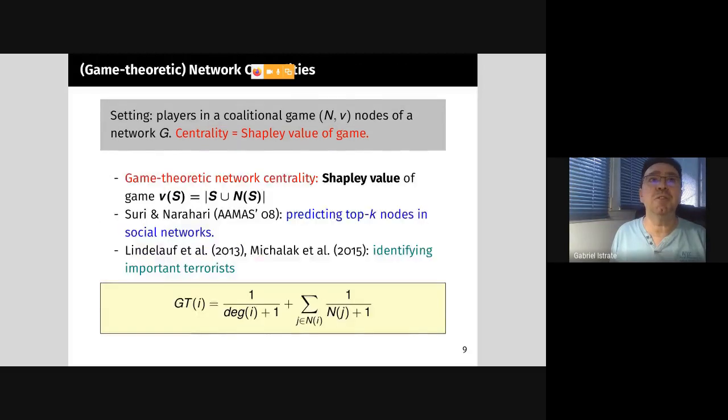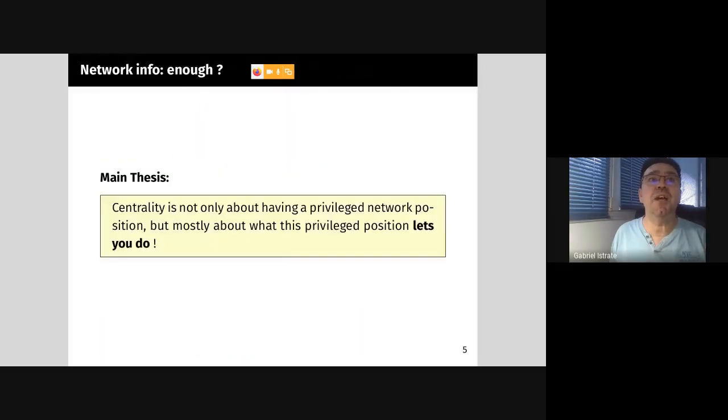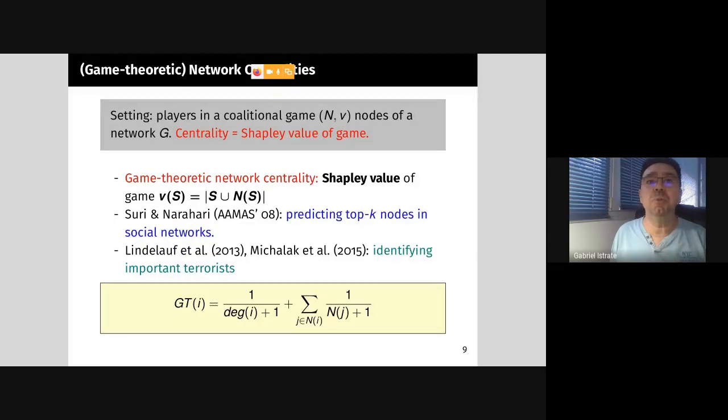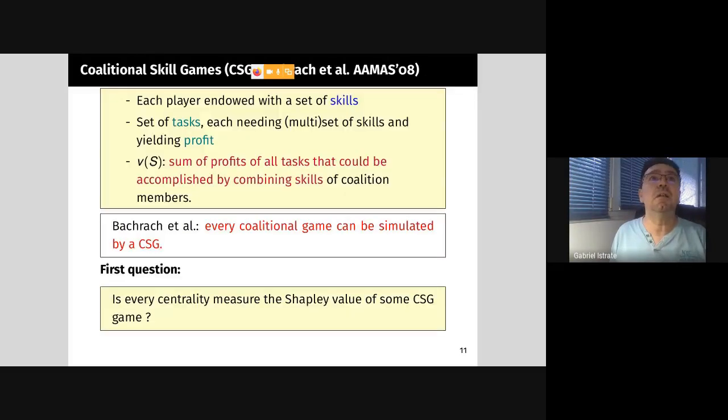So remember that what I said before was that we should include actions that players are able to complete as a result of associating to a coalition. So coalitions have actions that they would be able to complete. So the framework that I'm going to present and study does that.